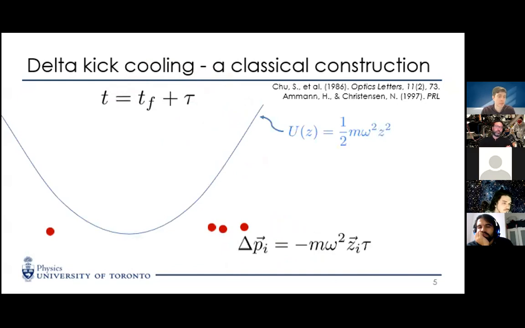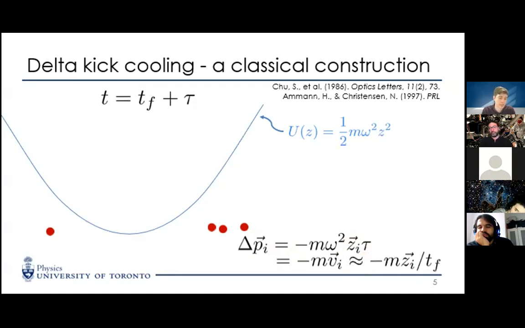If after that time of expansion we apply a harmonic potential, then the impulse received, the momentum kick received by this ith atom, is also linear in its final position and also in the duration of the kick.